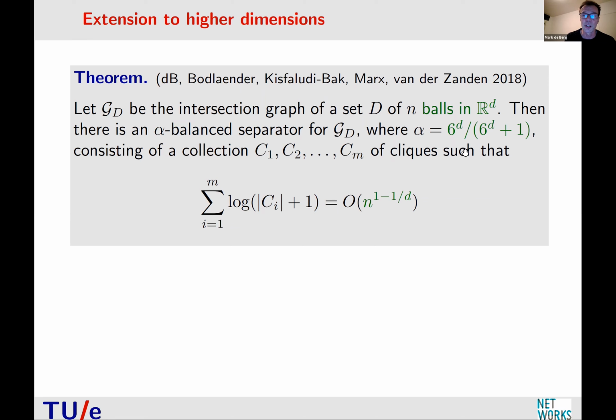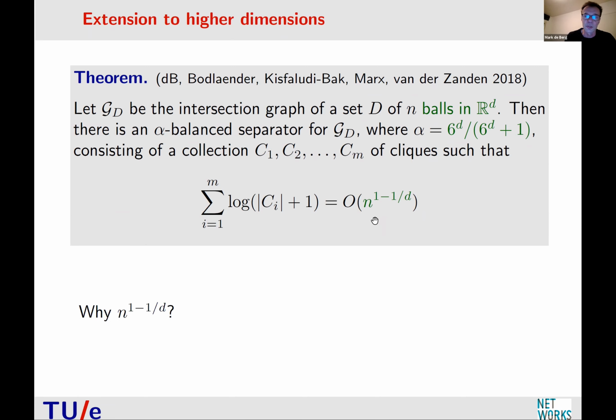And what you see is that this square root of n that you got, the sum of these weights of the cliques, now becomes n to the 1 minus 1 over d. And if you think about it, then you can see that this is actually going to be tight.